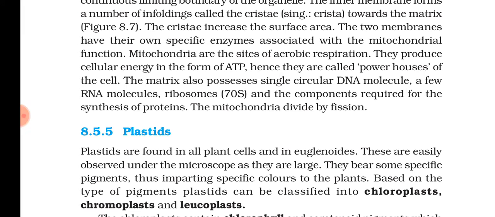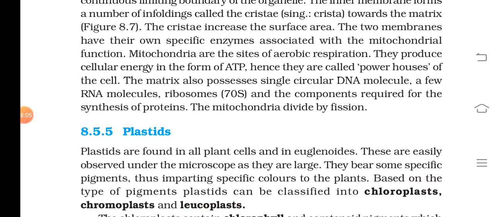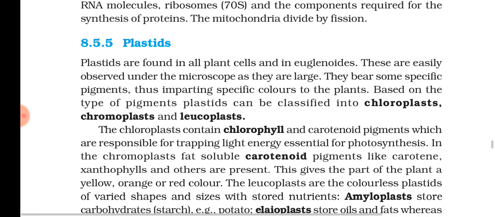Okay, so plastids are mainly found in plant cells and euglenoids. The major function of plastids is that they contain what? Colored pigments. And based on the type of pigments present in plastids, there are three types of plastids. What are they? Chloroplast, chromoplast, and leucoplast, depending upon the type of pigments present in them.